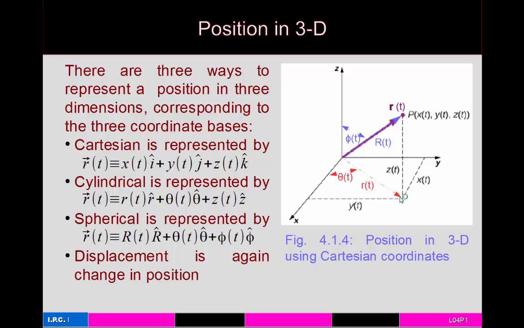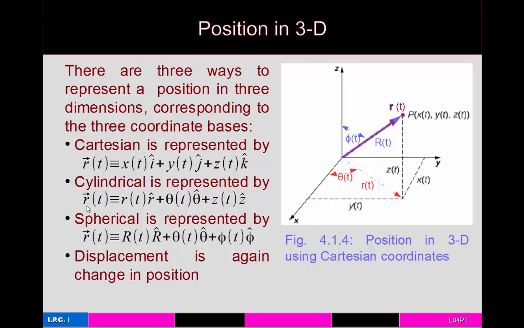So this is basically a polar distance, because the xy plane could be thought of as the polar plane. So this red line right here has a distance little r of t. And the angle right here between the x-axis and this red line is theta of t. And then z of t retains the same definition as before.